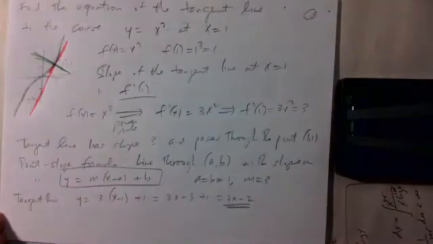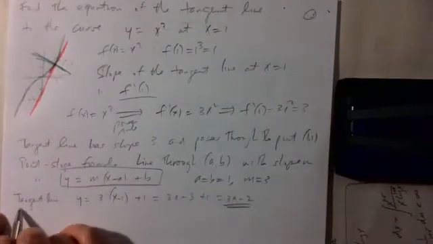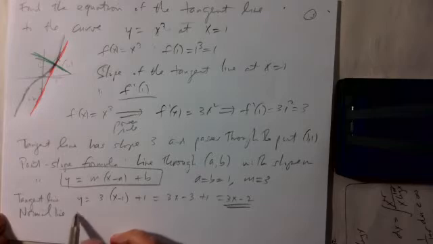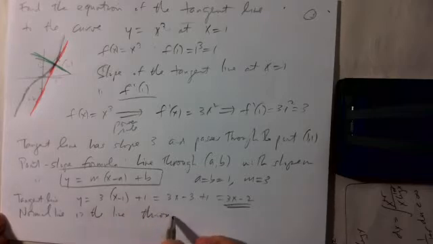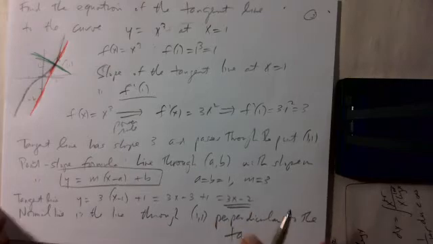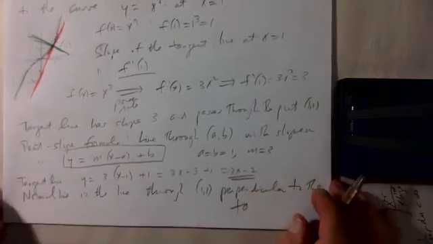So the normal line is the name of that line. The normal line is the line through the point 1, 1, perpendicular to the tangent line.